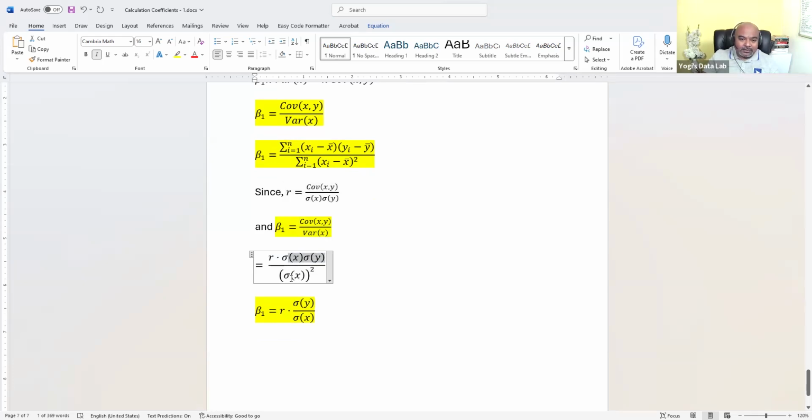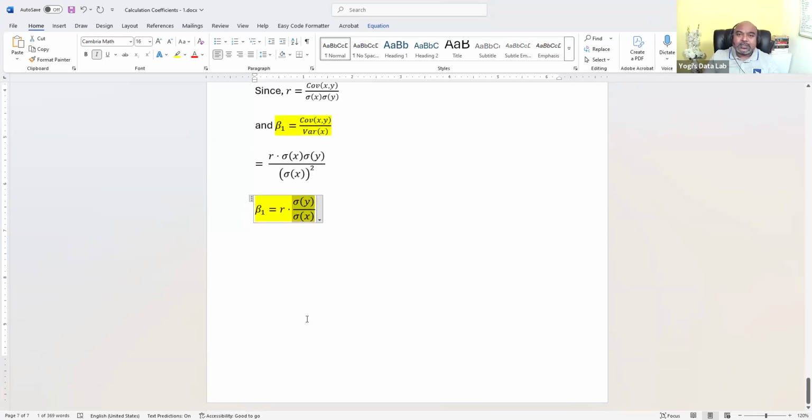And the denominator, which you are looking at, is nothing but standard deviation of x whole square. So beta 1 is your correlation coefficient multiplied by the standard deviation of y divided by the standard deviation of x. So this is the derivation which you can do using partial derivatives.